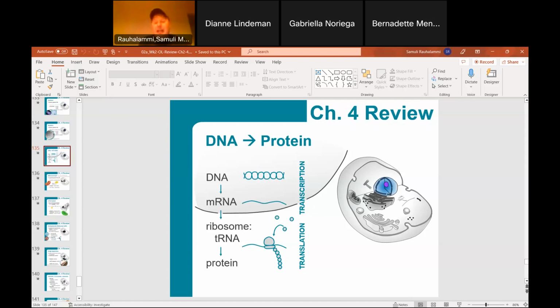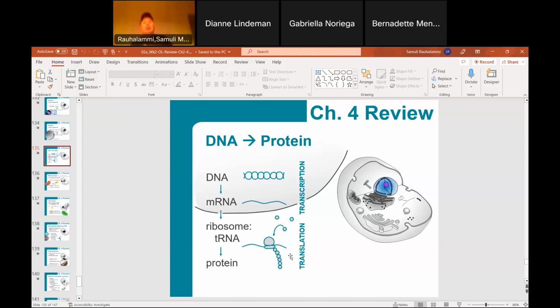Then the RNA can leave the nucleus, and once it gets to the cytoplasm and comes in contact with a ribosome, shown on this illustration as this little blob, the ribosome helps read the instructions of the RNA, which are essentially a copy of a section of DNA, and combines different kinds of amino acids into a chain. Once you have a chain of amino acids, it folds into a protein.